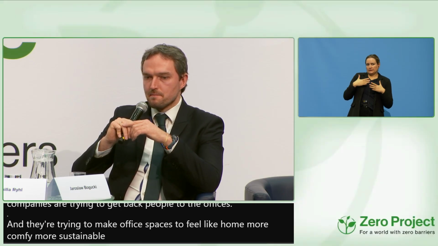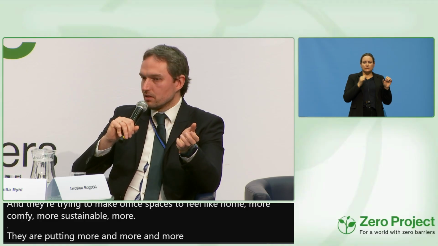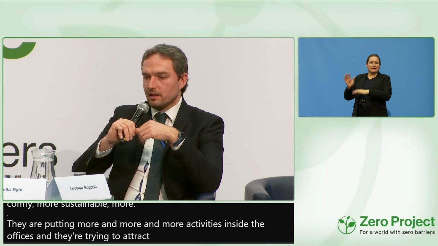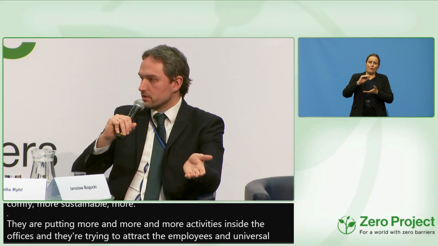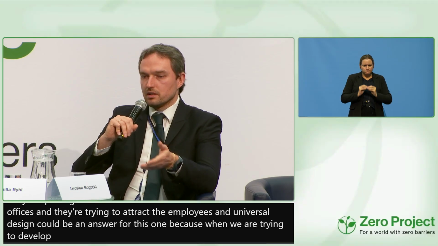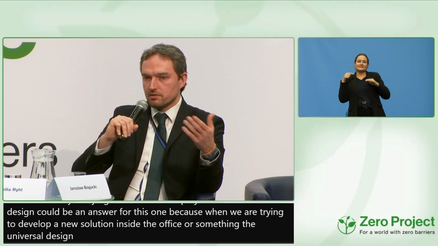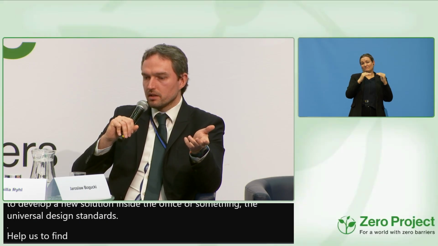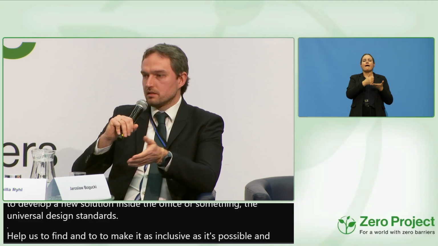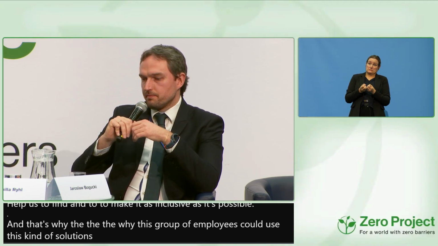They are putting more and more activities inside the offices, and they're trying to attract the employees. And universal design could be an answer for this, because when we are trying to develop a new solution inside the office, the universal design standards help us to make it as inclusive as possible. And that's why the widest group of employees could use this kind of solutions. So that's why.